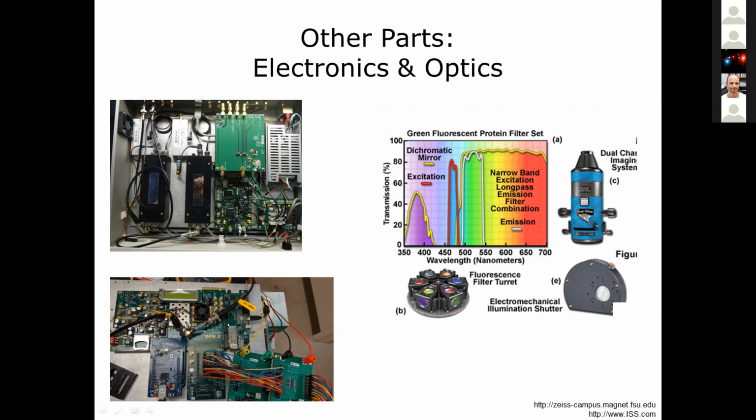These are very nice cards that let you make parallel measurements. Lorenzo Scipione will talk about this in his presentation on Wednesday about the spectral FLIM instrument that he has built. And we also need some optics to split excitation and emission, and I will speak in a minute about this.